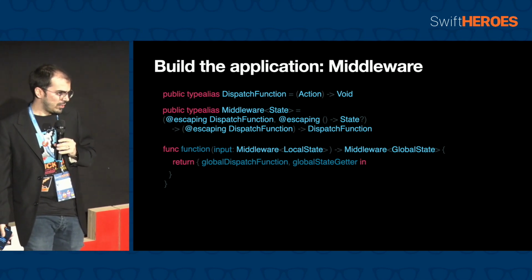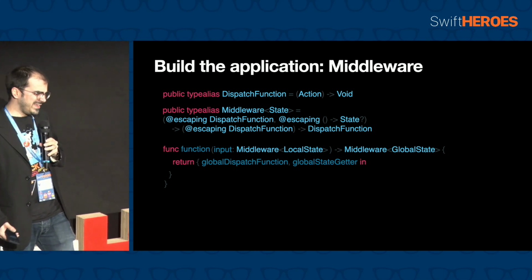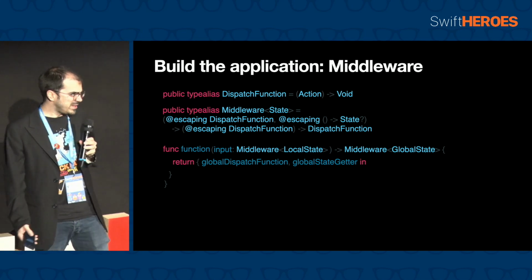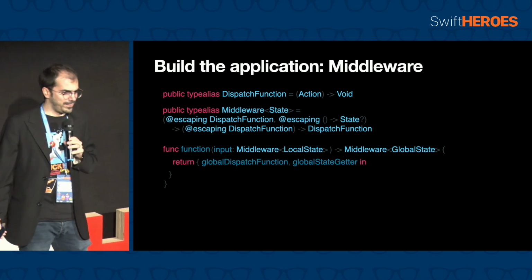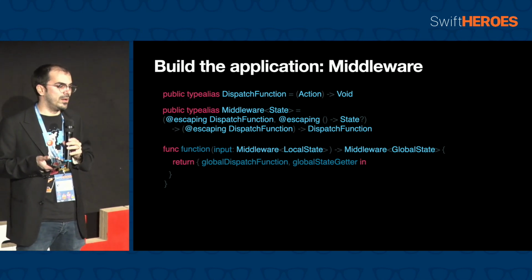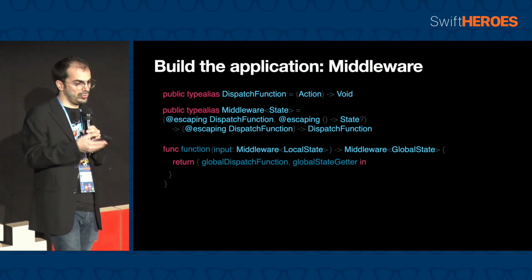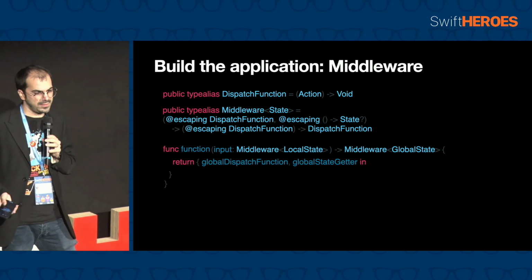To do that, of course, we don't have to do any transformation to the first parameter, because the type we see above is a dispatch function. So it's an action to void and doesn't involve any state.